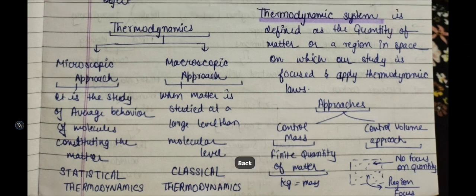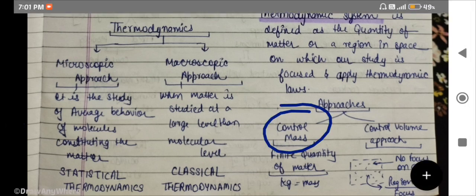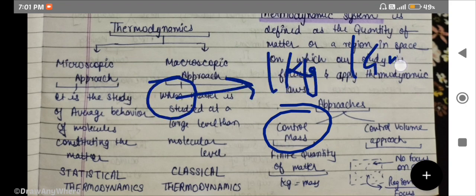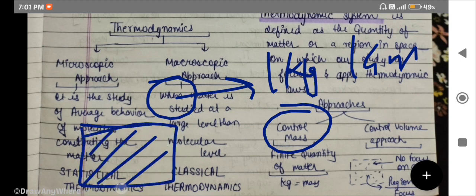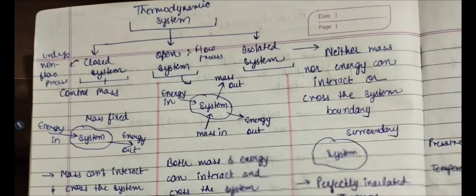In the control volume approach we don't focus on quantity, rather we focus on a particular region. In control mass we focus on a particular 1 kg or 1 gram, while in the control volume approach we take a whole region in space on which we are focusing.